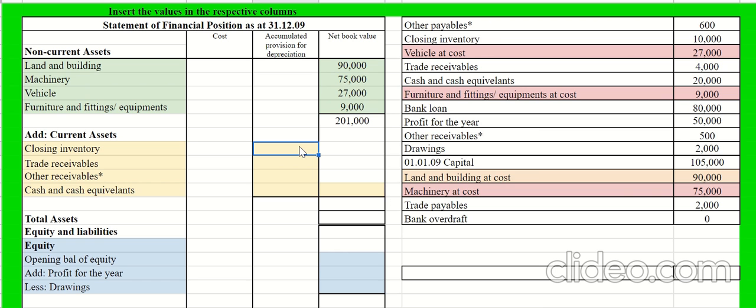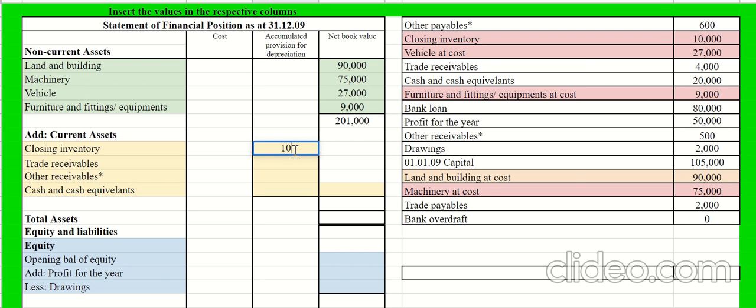Now, let's post the entries of current assets, starting from closing inventory, trade receivables, other receivables, cash and cash equivalent. Let's enter the closing inventory balance.